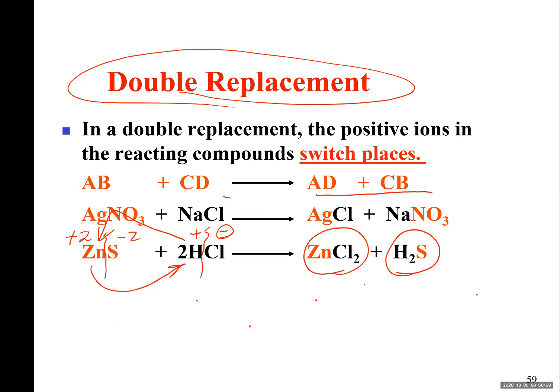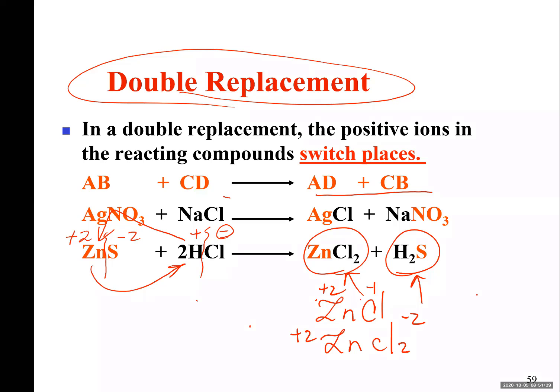Again, we want to make sure once we do the replacement, products follow the laws of writing ionic compounds. That means charges must add up to be 0. And that's the case why it's not ZnCl, it's ZnCl2, because -2 and +2 add up to 0. Zinc is +2 and 1 chlorine is -1.